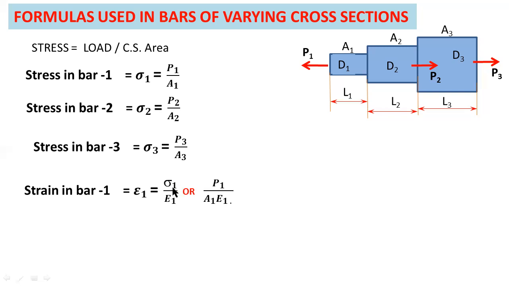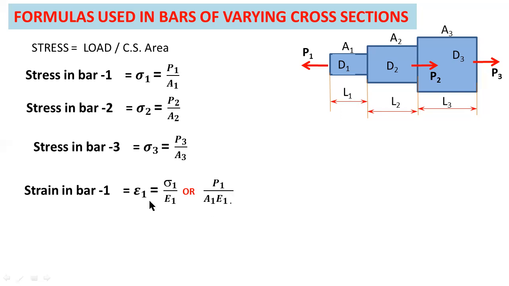Here sigma 1 is the stress induced in bar 1, and E1 is the Young's modulus for the bar material. Already we know sigma 1 equal to P1 by A1. So the formula for strain induced in bar 1 is epsilon 1 equal to P1 by A1 E1.